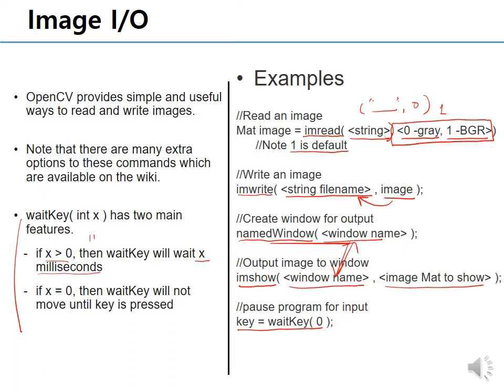If you write 10, that means 10 milliseconds, that means 0.01 second. And if x equals 0, then waitKey will not move until a key is pressed. So it will wait for your key input.